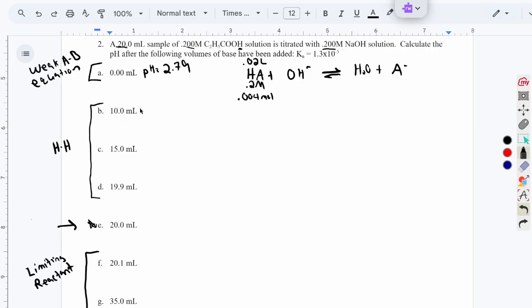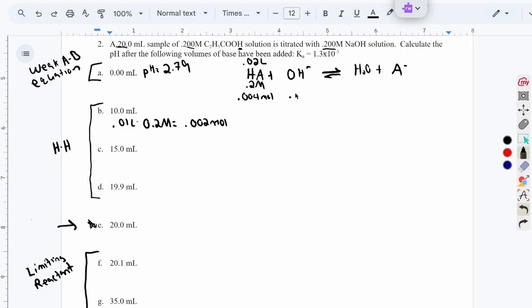Now let's calculate how many moles of OH are going to be added. So I've got 0.01 liters times my sodium hydroxide concentration of 0.2 molar, which is going to give me 0.002 moles.